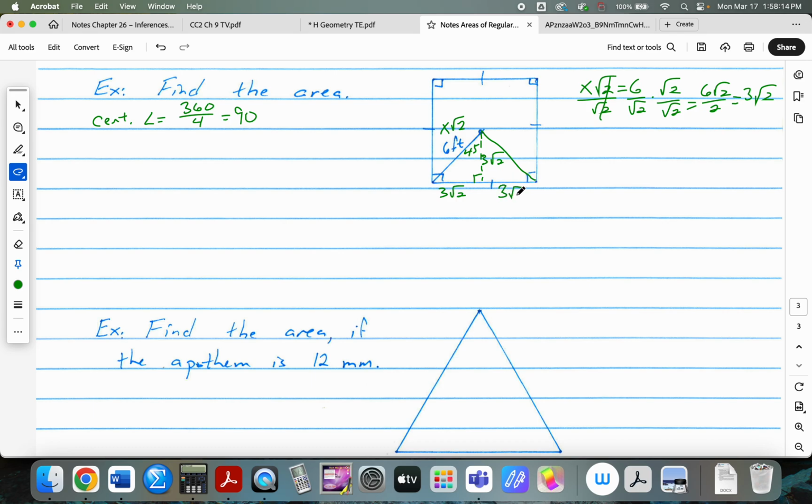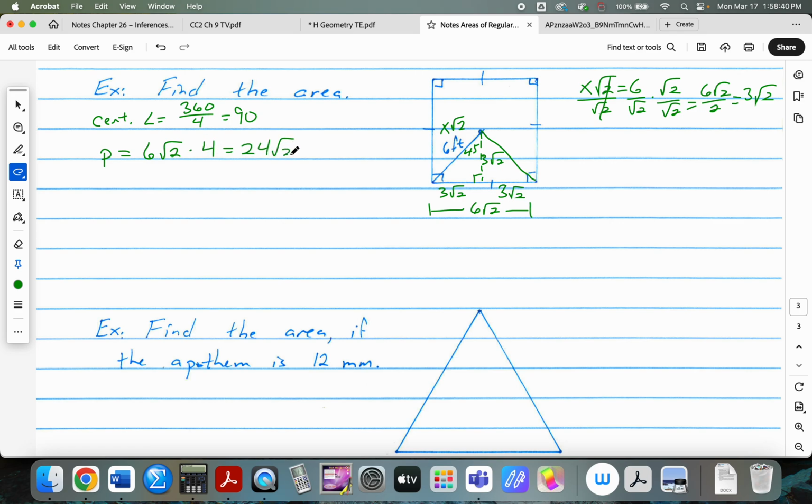So this is also 3 square roots of 2 because the apothem always splits the side in half. So it's 6 square roots of 2 all the way across. So the perimeter will be 6 square roots of 2 times, there are 4 sides.